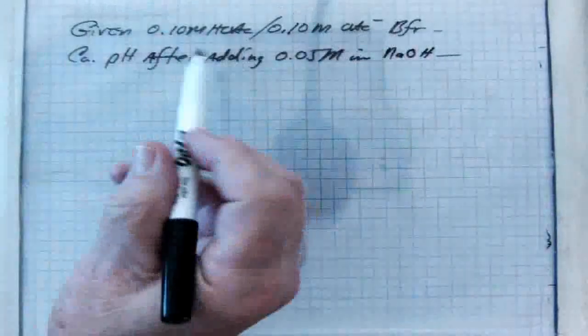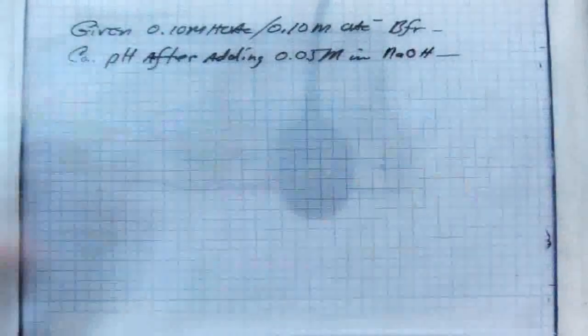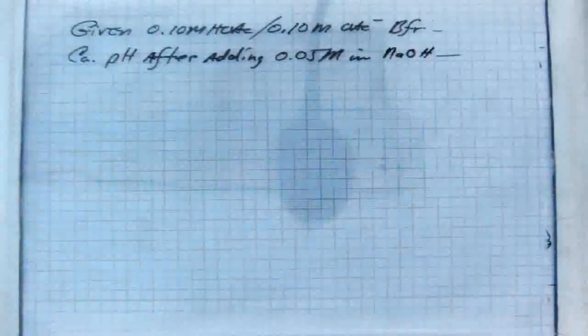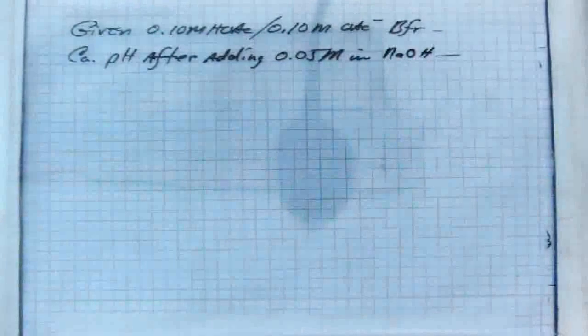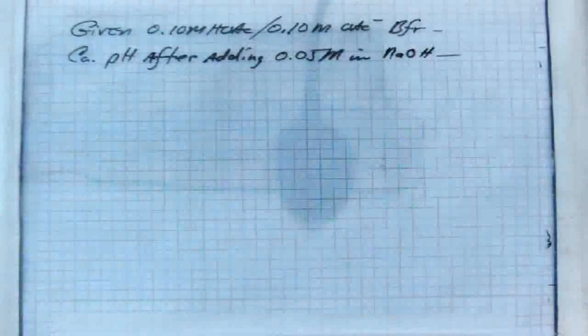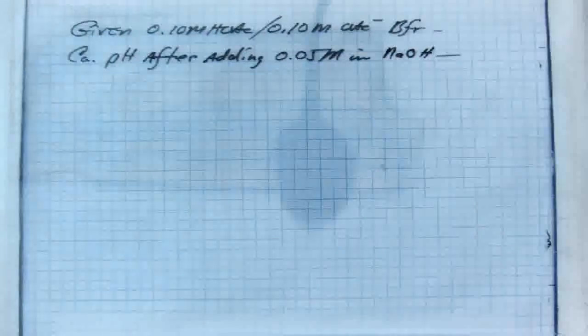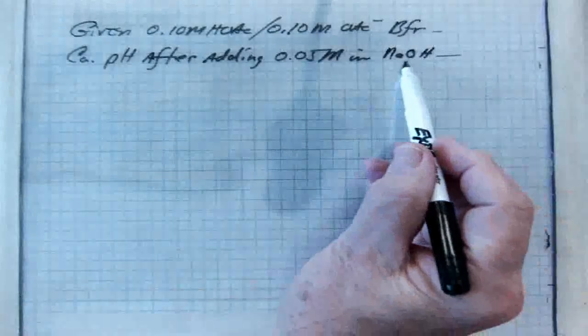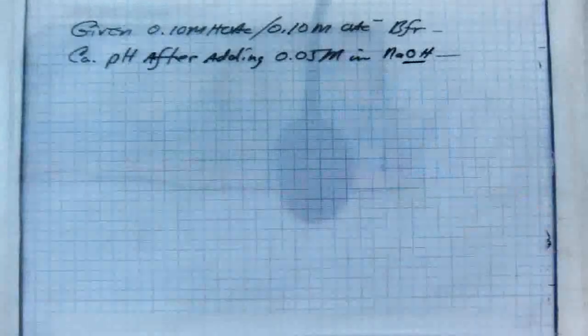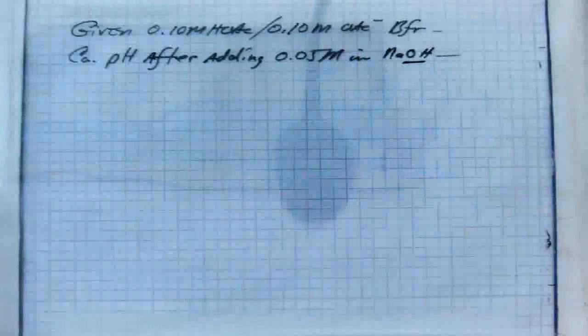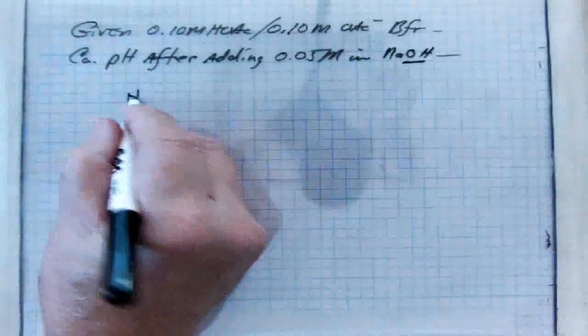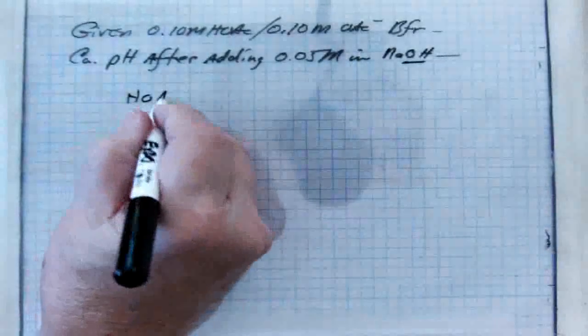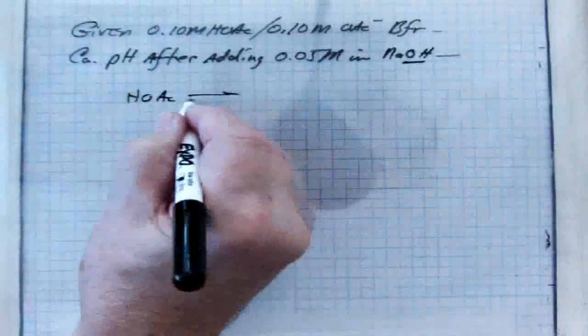So we'll take that idea and set up our ICE table. And so the original buffer solution, 0.10 molar, and we'll just assume that's 0 because that's what we're looking for, and it's 0.10 molar.